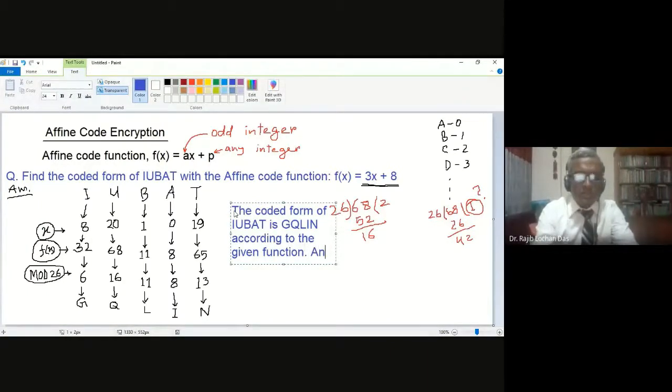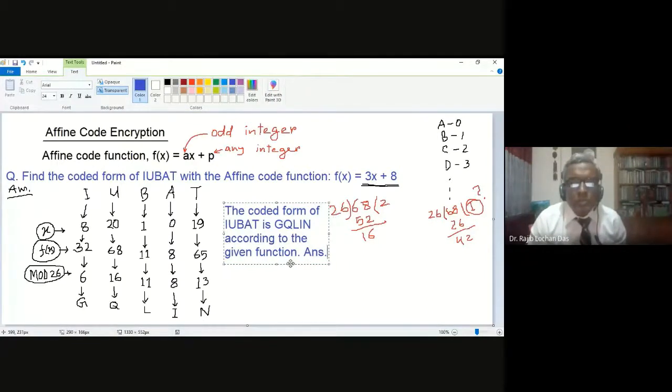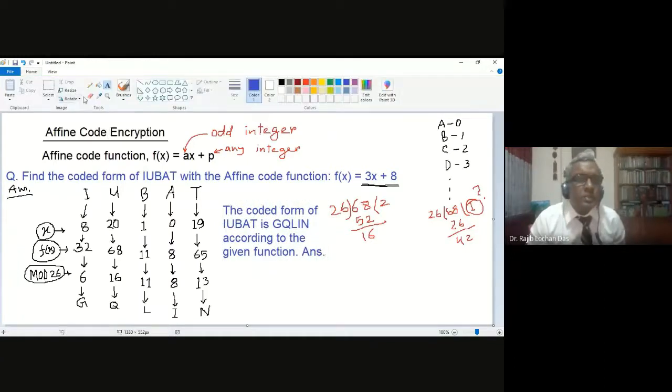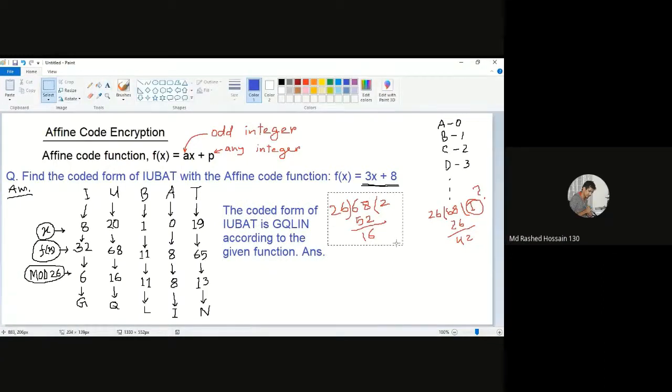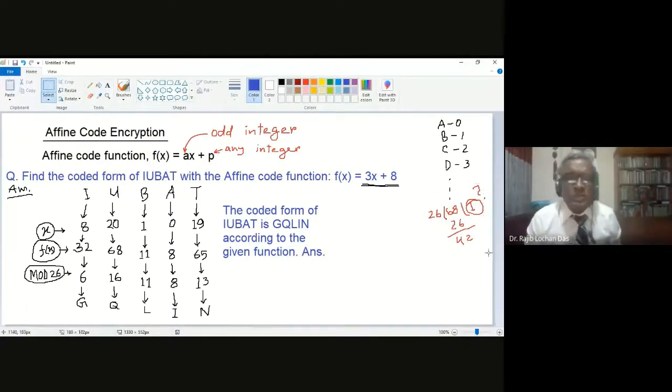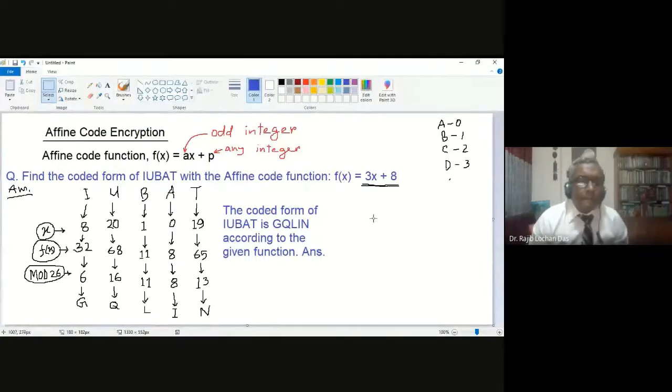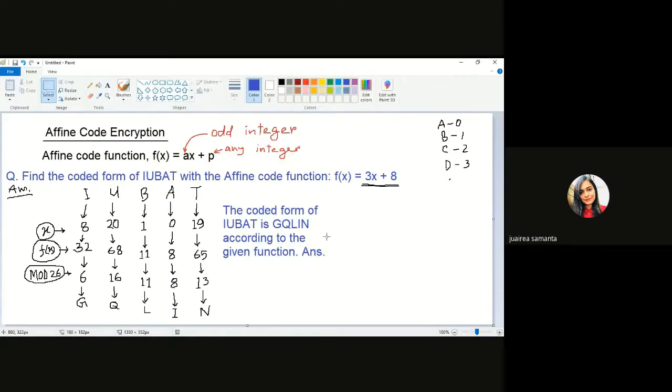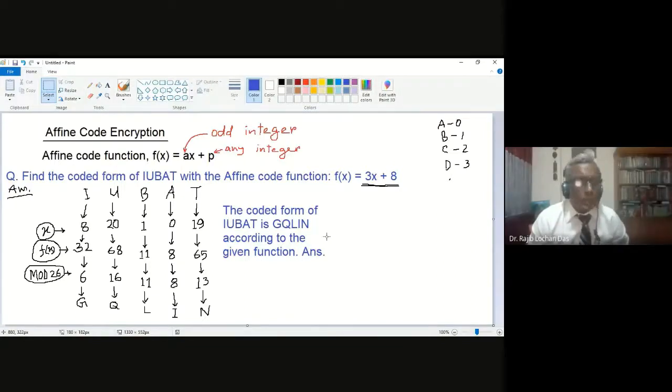That's it. Is it okay? You got my point? Yes, sir. Anyone has any question on this, or it is clear? It should be clear. It is very critical. Yes, sir, clear. Okay. So decoding. I will now show you the decoding system.